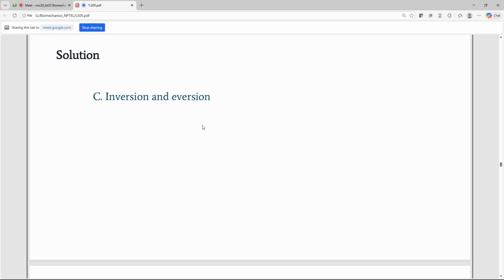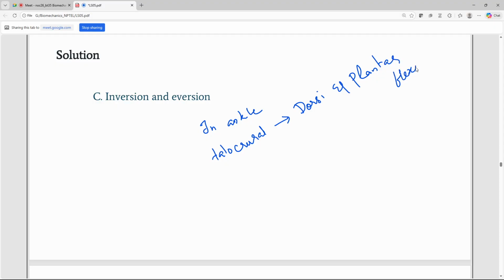So in the ankle, there are two joints. The first one is the talocrural joint, where dorsal and plantar flexion happen. And the subtalar joint facilitates inversion and eversion.